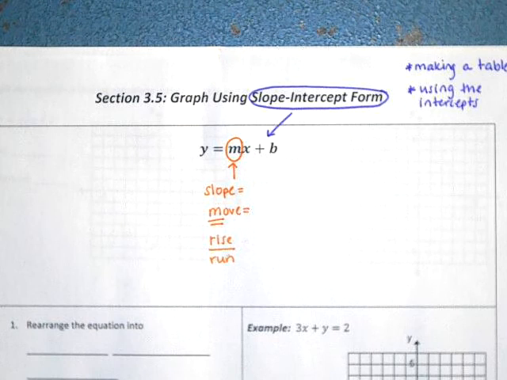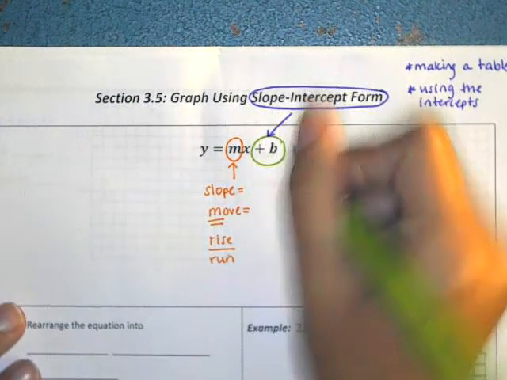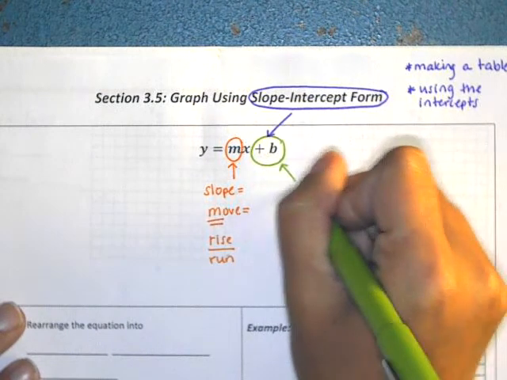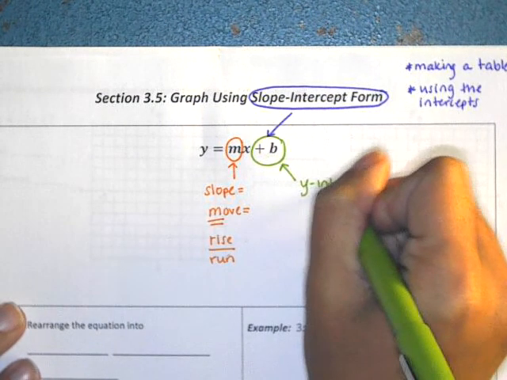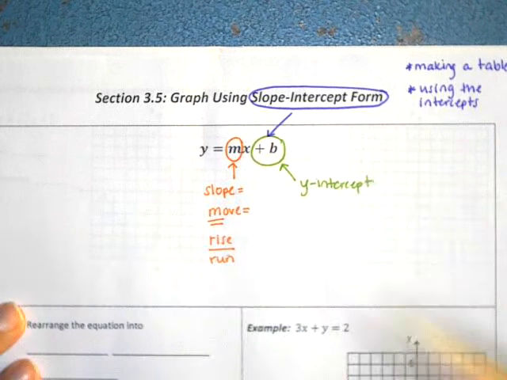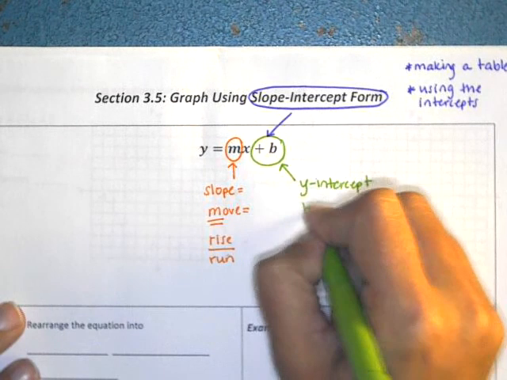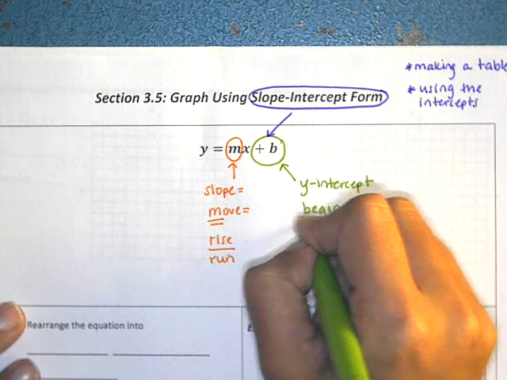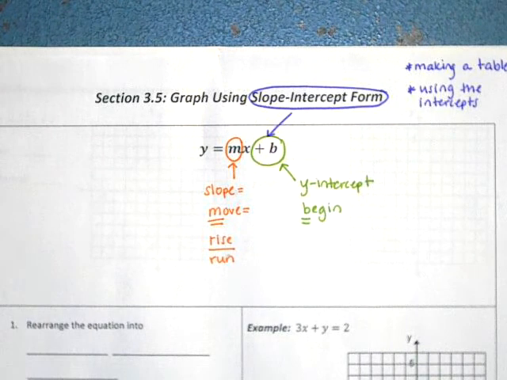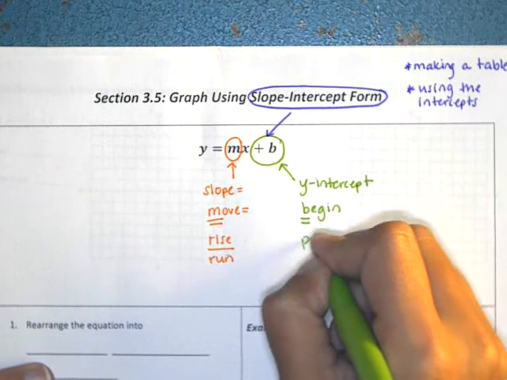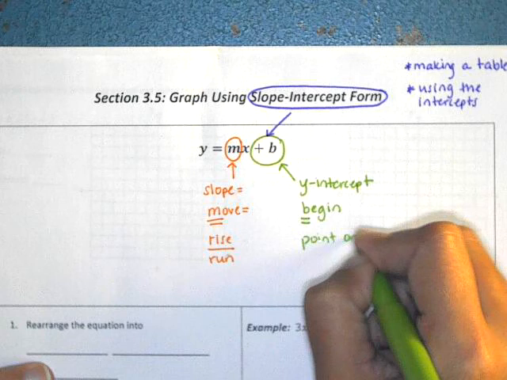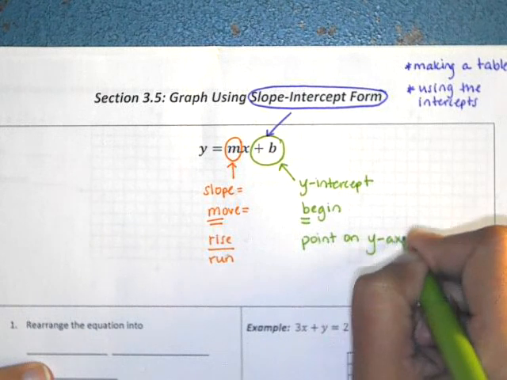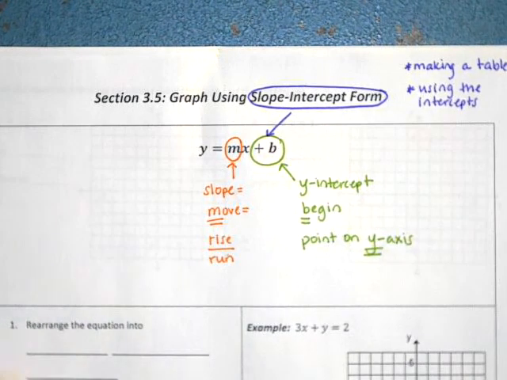Now the b, which is going to be a number with no variable, is going to be the y-intercept. What this is, it tells us where to begin, which is why we call it b. And this is always going to be a point on the y-axis of the graph.